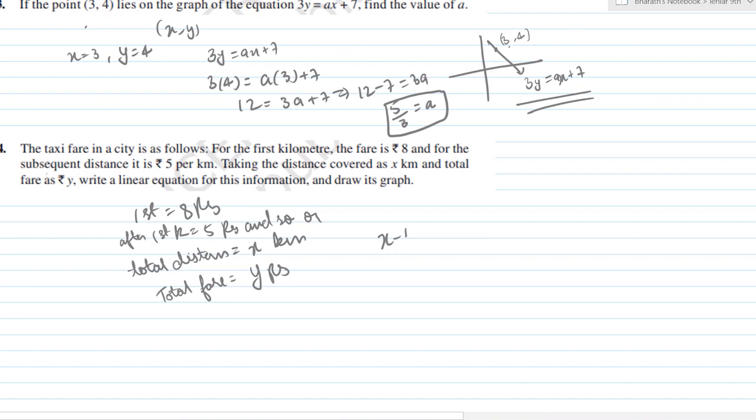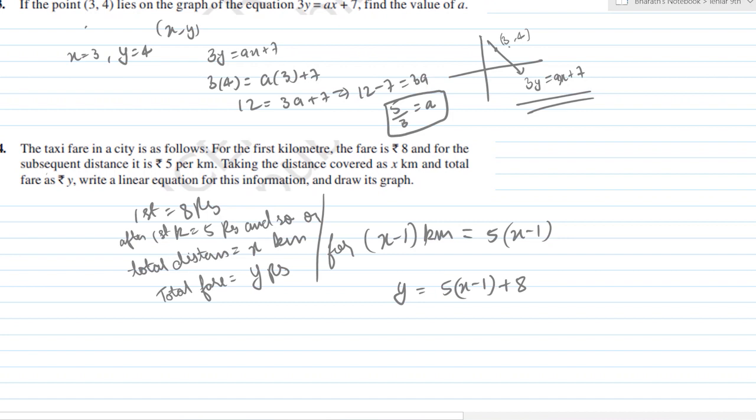Since the fare of the first kilometer is 8 rupees, we'll be finding for the distance x minus 1 kilometer, which is 5 into (x minus 1), which is our fare, right? So writing this equation, y, our total fare, is equal to 5 into (x minus 1) plus 8.